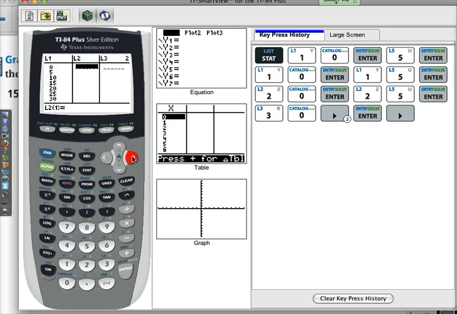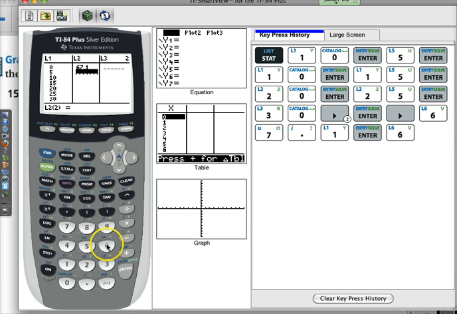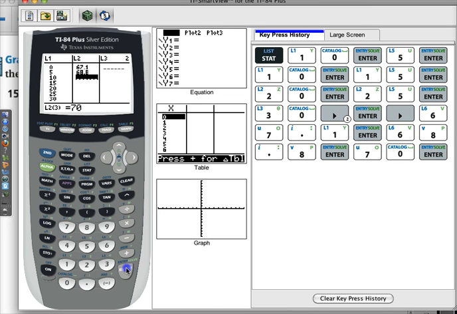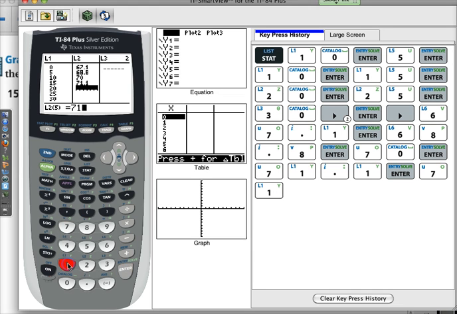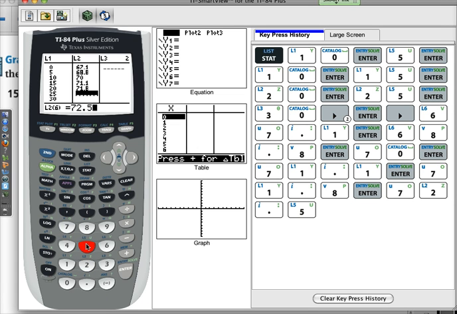So men were 67.1, 68.8, 70.0, which the calculator will just turn into 70 anyway, 71.1, 71.8, 72.5, and 74.3.